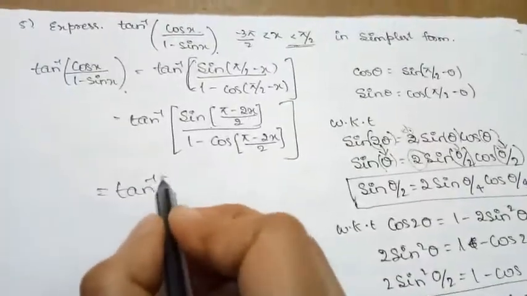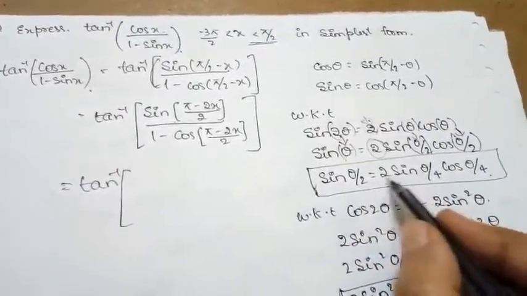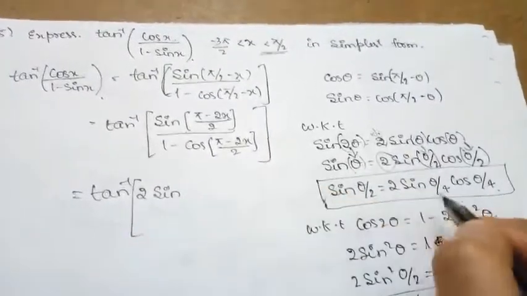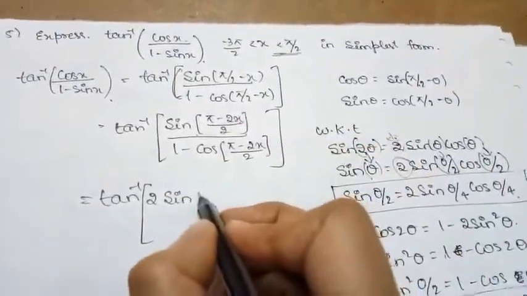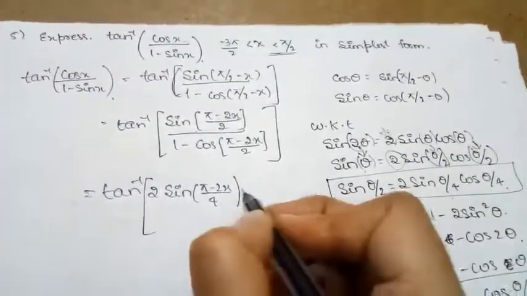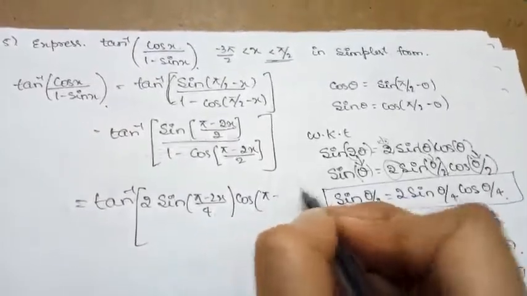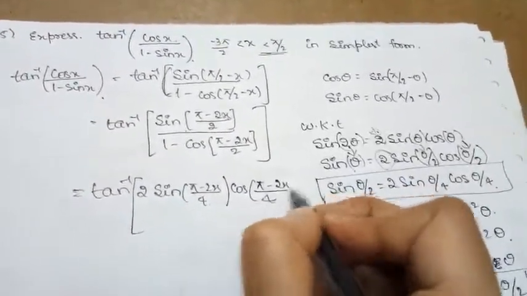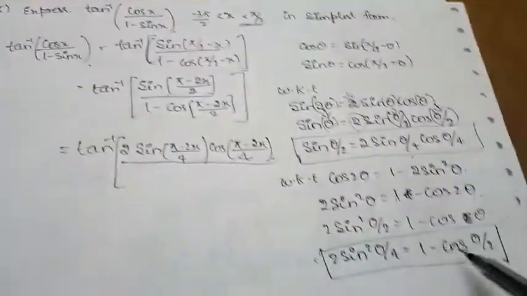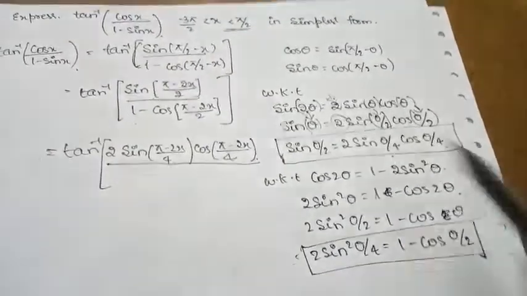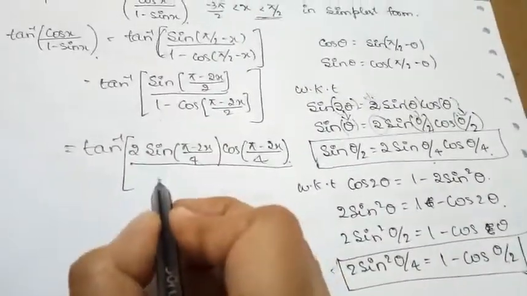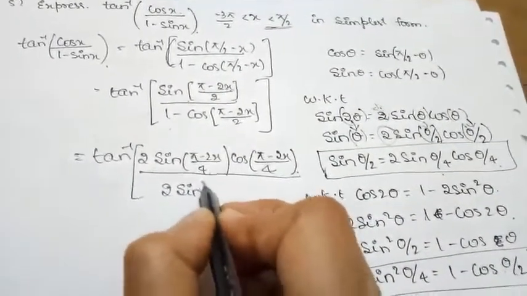Sin theta/2 is nothing but 2 sin theta/4 cos theta/4. In place of theta we have pi - 2x, so that is 2 sin((pi - 2x)/4) into cos((pi - 2x)/4). This is the numerator. What about the denominator? 1 - cos theta/2, with theta replaced by pi - 2x, that is 2 sin square((pi - 2x)/4). So clearly the 2 cancels, and one sine cancels with the sine square.